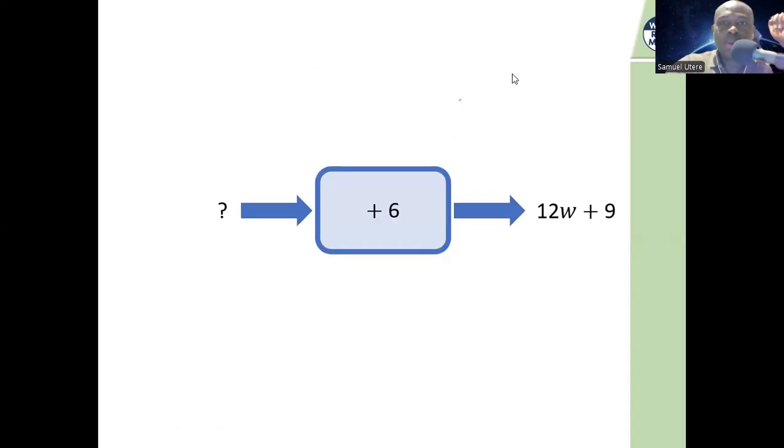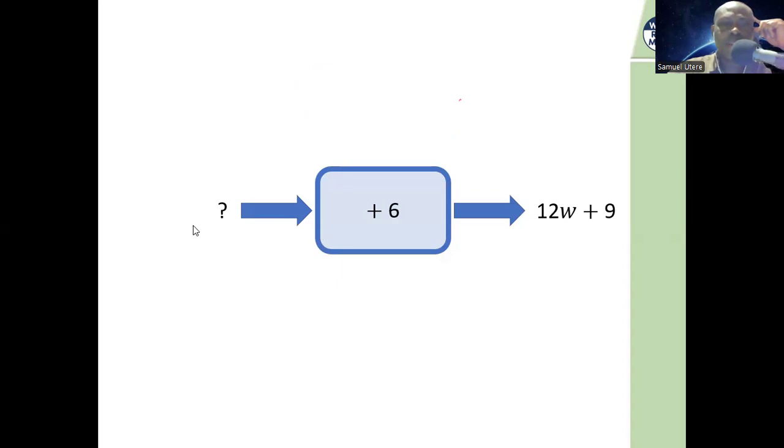What about this one? If you remember from our previous lesson, when we were working with function machines, just using numbers, how do we get the input? I want you to pause and have a think.